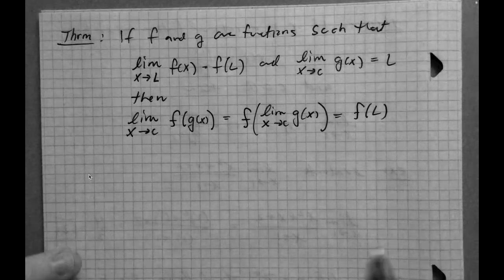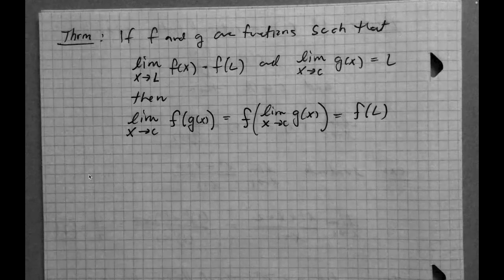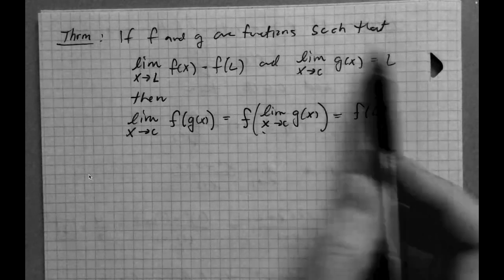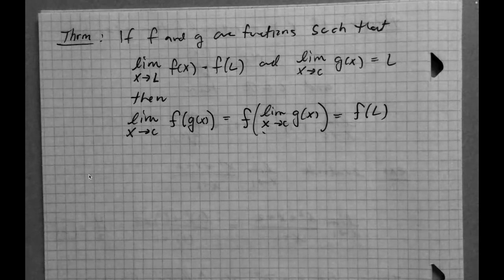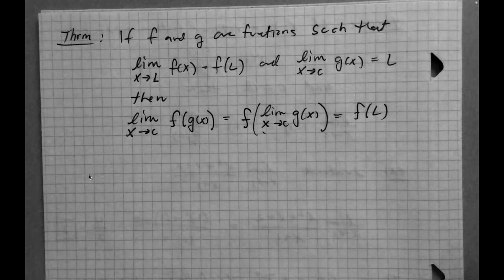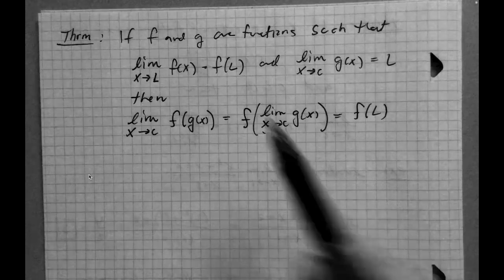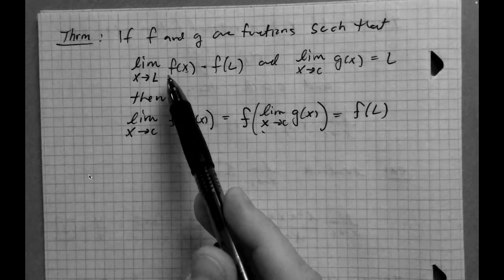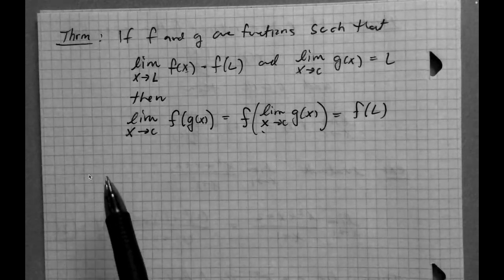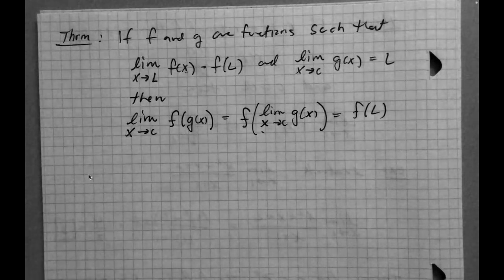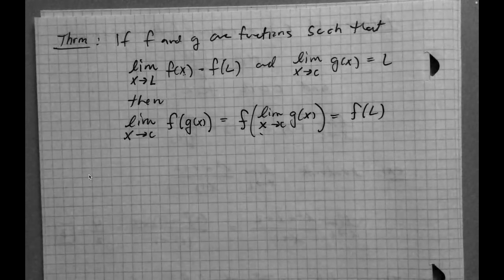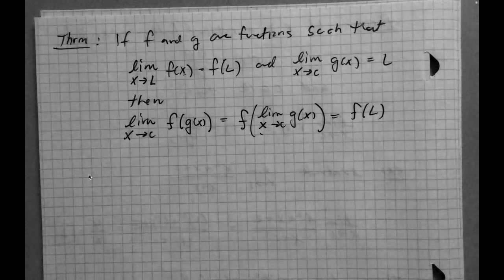So if the limit of the interior function, that's the g function here, is equal to L, and the limit of the exterior function, that's the f here, is equal to f of L as x approaches L, then we may move the limit into the composition.